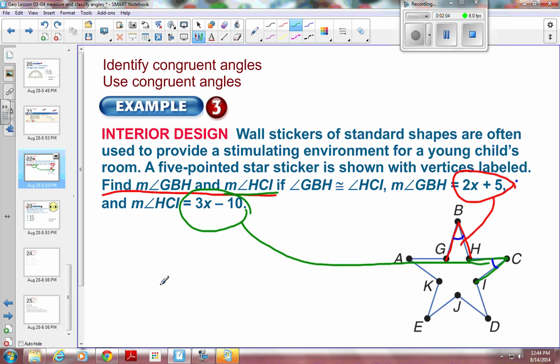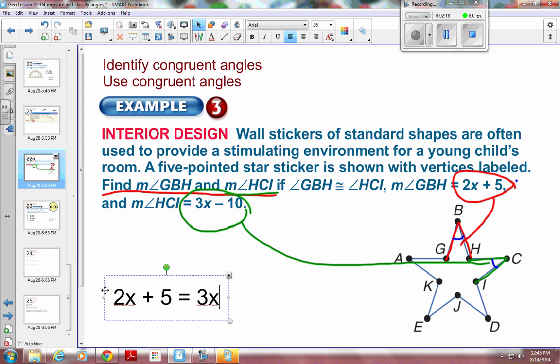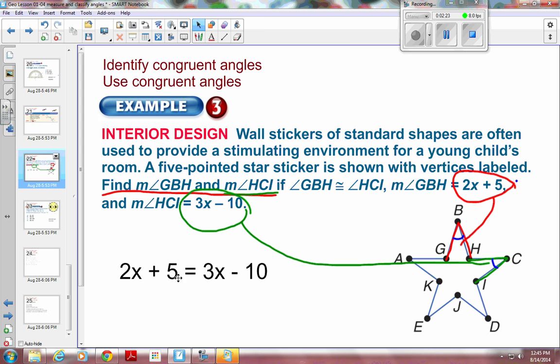Okay, so they have the same measure, which means they are congruent, which means the measurements are equal. So that means I can take this 2x plus 5 and set it equal to this 3x minus 10 because they are congruent. And then from there, it's a matter of solving it algebraically.